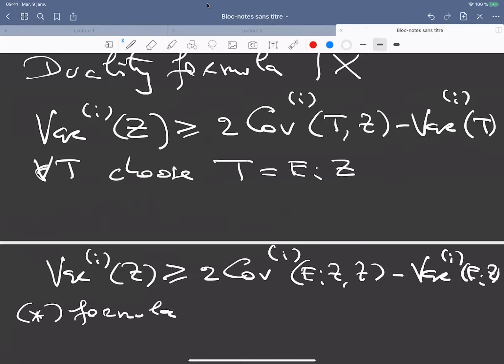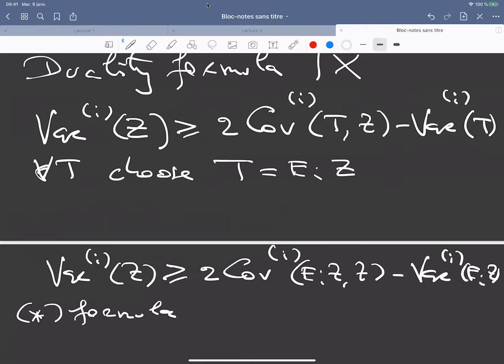If you take the convention that 0 over 0 is equal to 0, the relative entropy is simply defined as the sum of P of X times the log of P of X over Q of X. And this is a non-negative quantity just because you use the fact that log U is less than U minus 1.